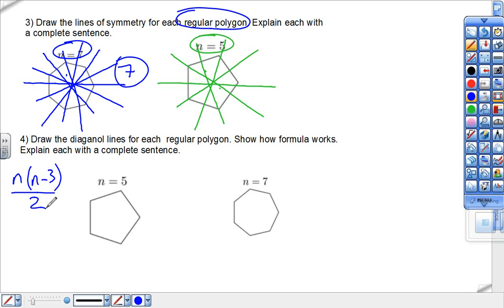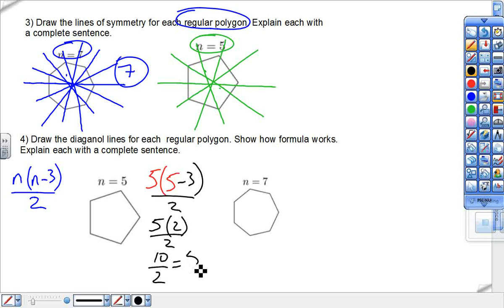First one I'm going to do is the pentagon. So where there's an n, I plug in 5 in both places. The rest of the problem is the same. It says do the work in the parentheses first, times second, and that gives me 5.